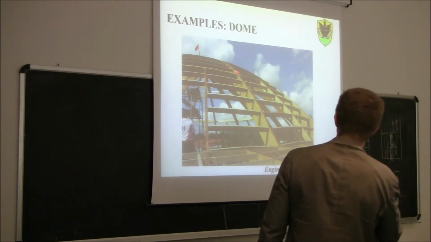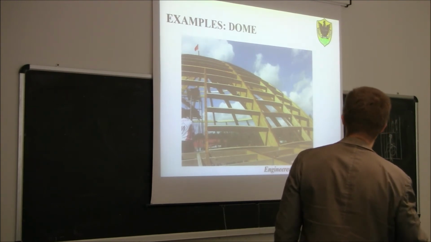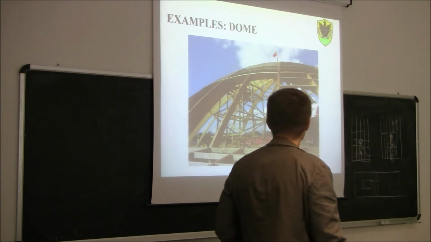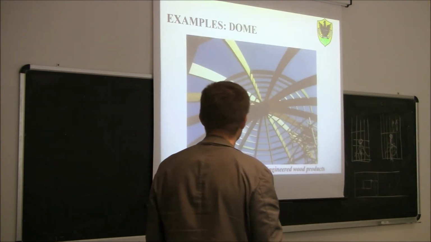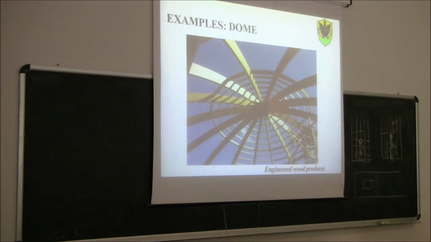You see here some arches made of LVL and some elements again made of LVL. Looking up, of course, if you have a dome, you have to have some elements, the arches, which are mostly subjected to compression.